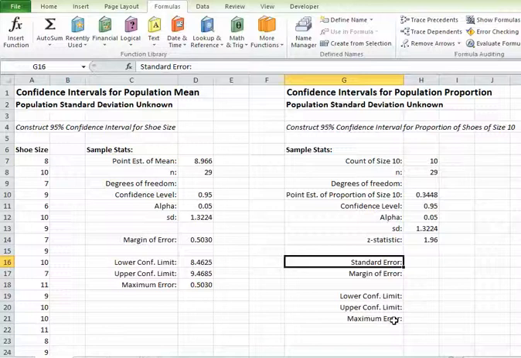And the standard error is a term that we use, and for calculating a proportion, the standard error is equal to the square root of p times 1 minus p over n.